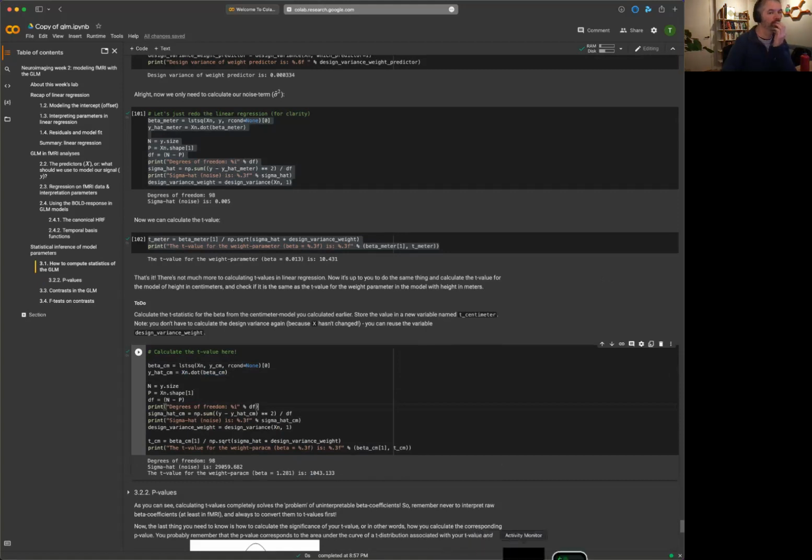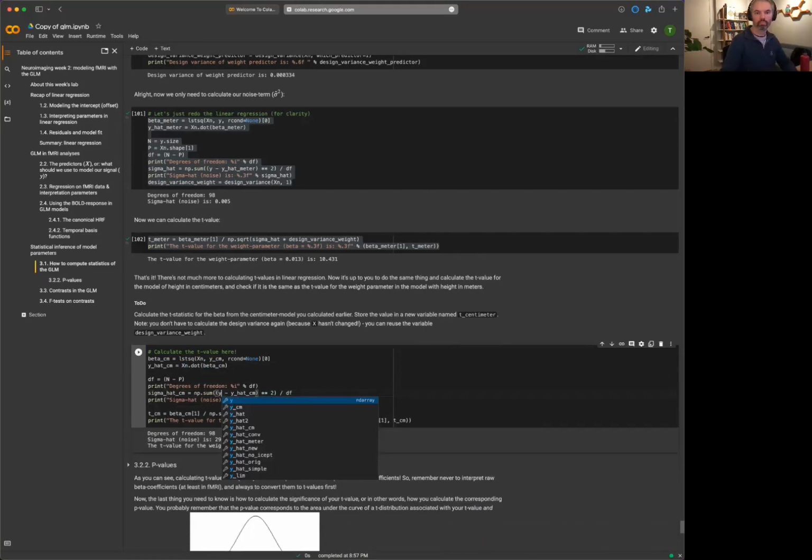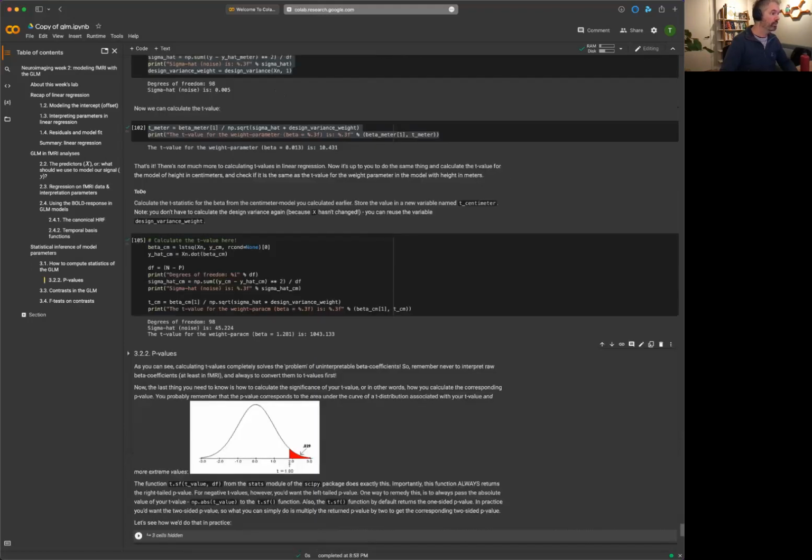So I'll have a look. So here you see the problem. I was still calculating the errors based on the original y and not the y centimeter, right? That, of course, will inflate your errors almost by a factor of 100 and thereby cause all sorts of problems.